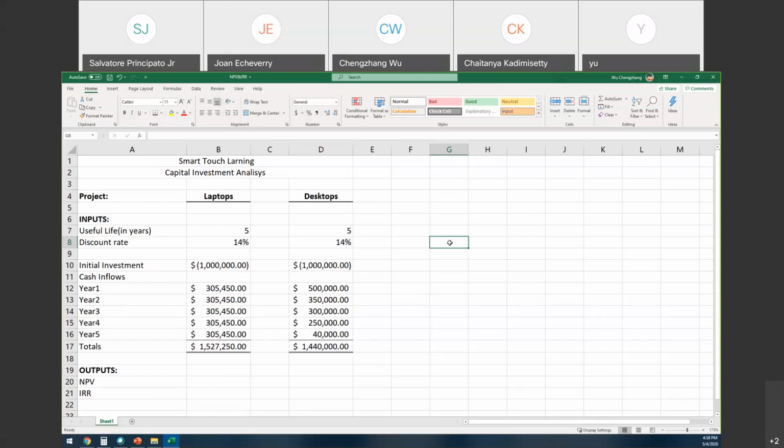Well, for example, in this cell, we use the SUM function. We know this function is used to add the numbers, and the output is the sum of different numbers.